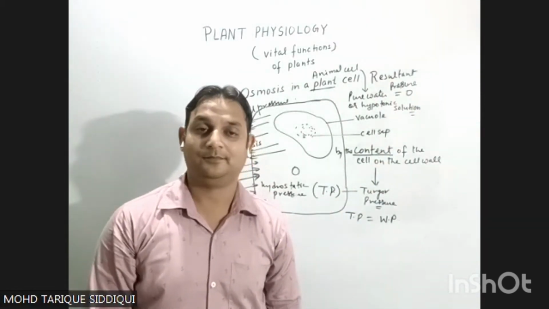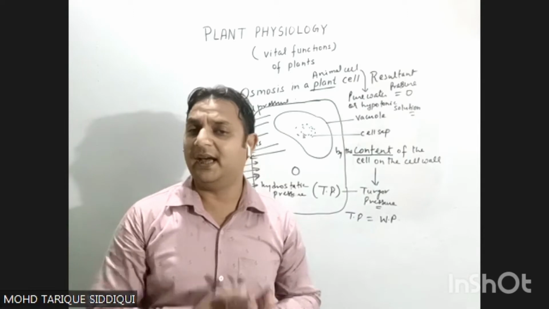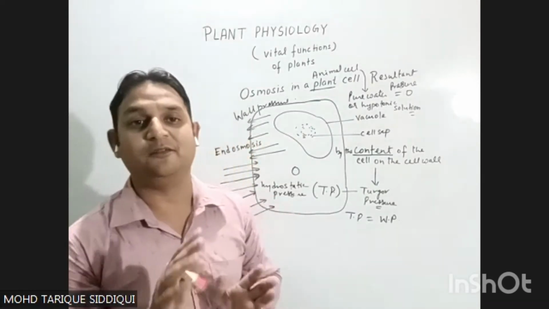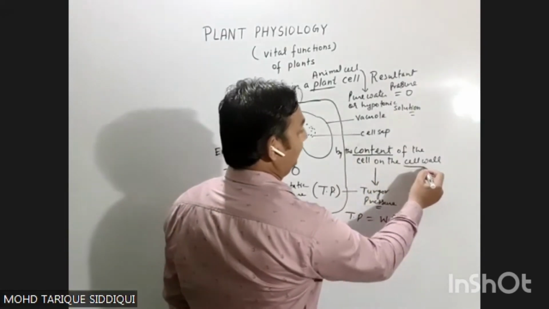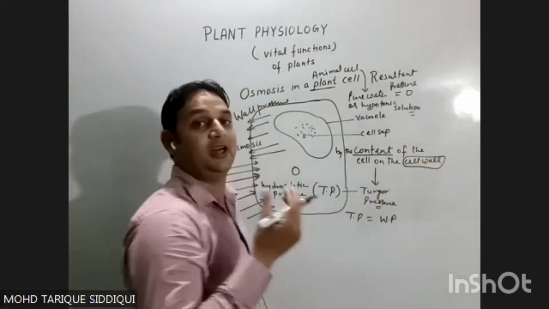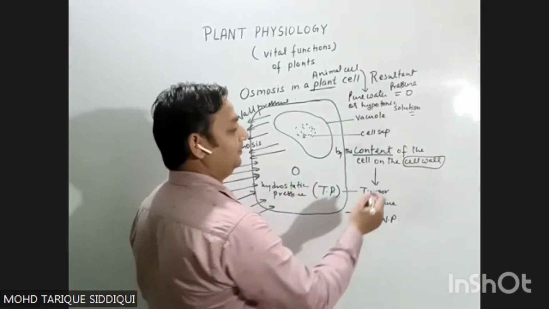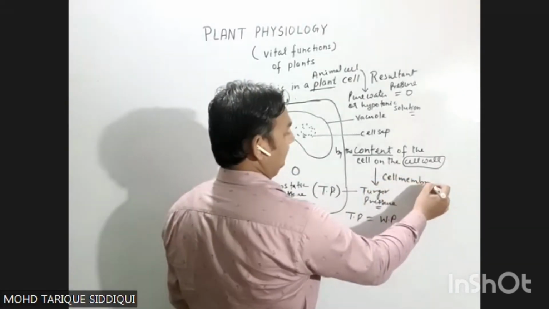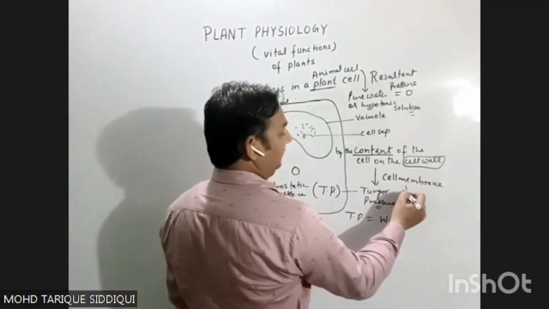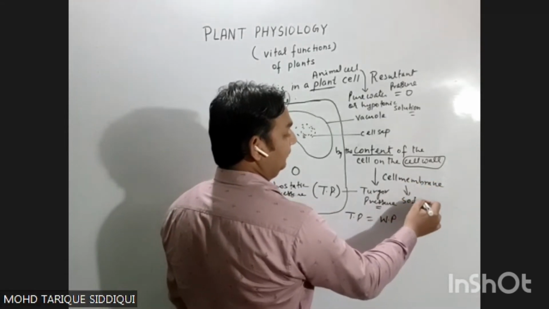Because animal cells do not have a cell wall. So what is their outer boundary? Cell membrane.